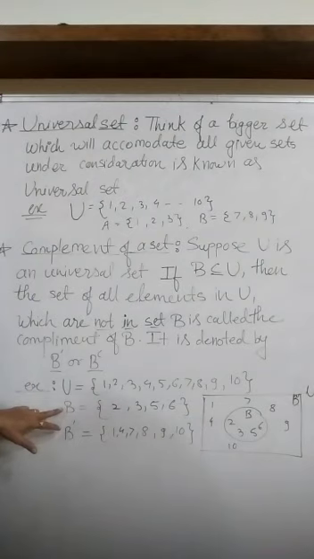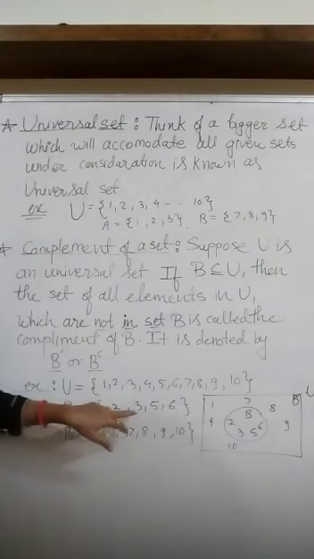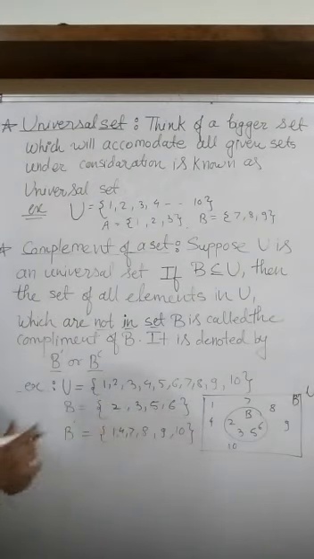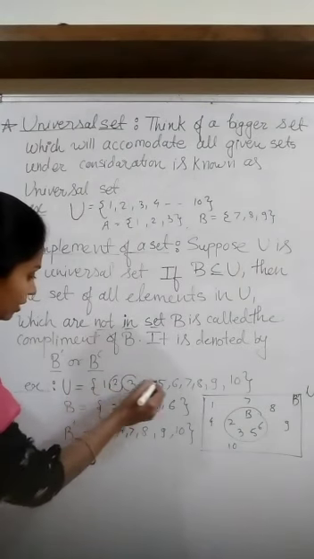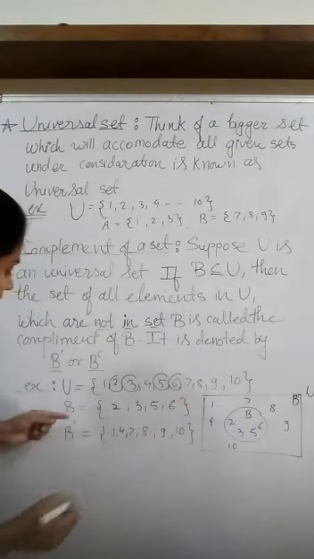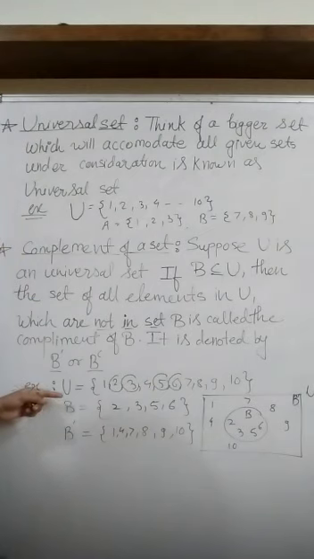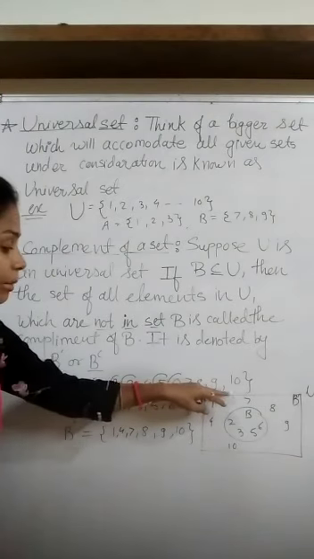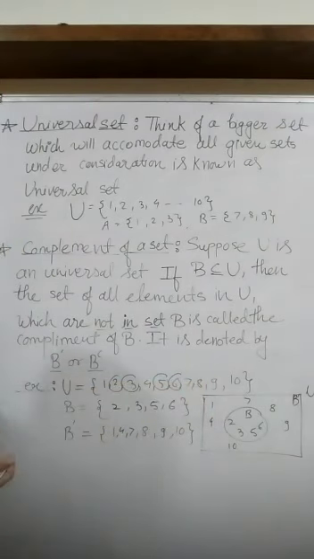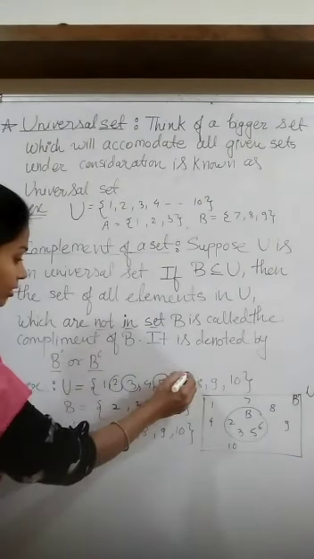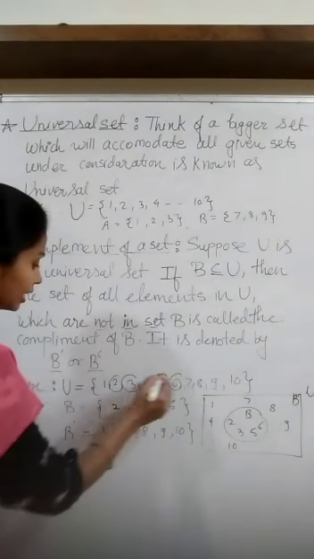Then if the set B has the elements 2, 3, 5 and 6, that's why I can say that B is a subset of set U. Now still in the universal set so many elements are remaining which are not part of the set B, that is 1, 4, 7, 8, 9 and 10.